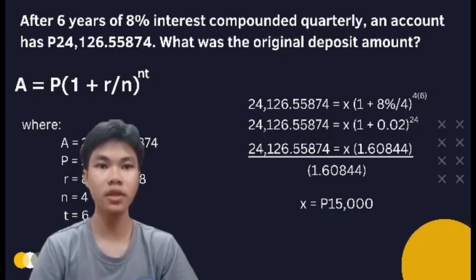To find X, divide both sides by 1.60844. Then cancel 1.60844, so only X will remain.